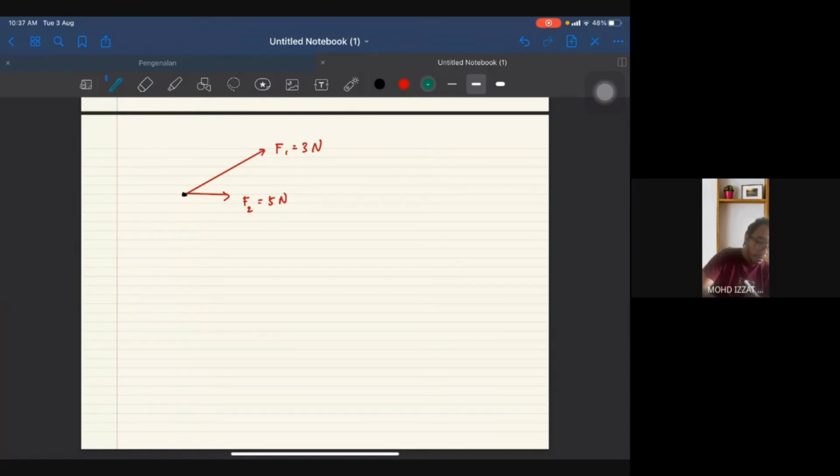So when you try to resolve, basically you have to change to x and y component. So this would be my x-axis and this is my y-axis.